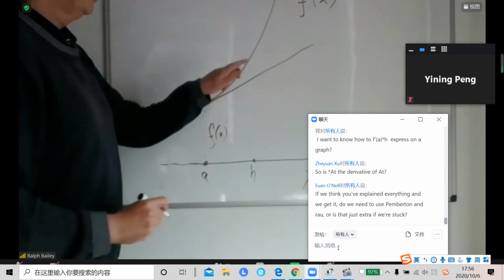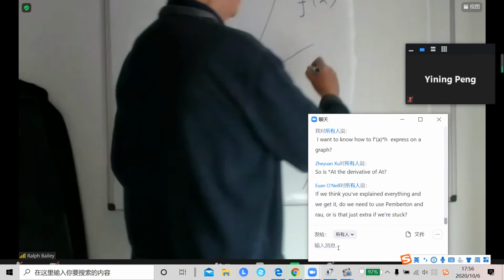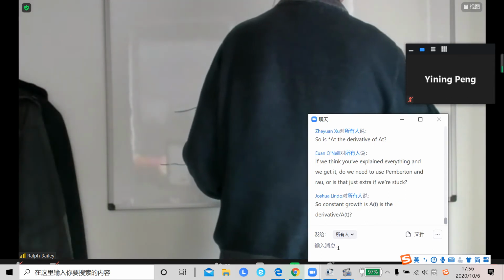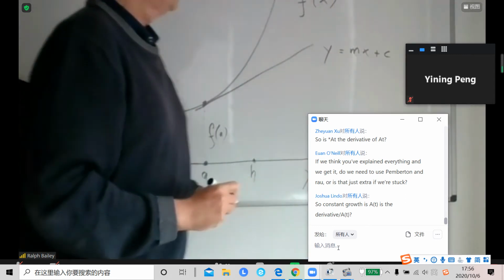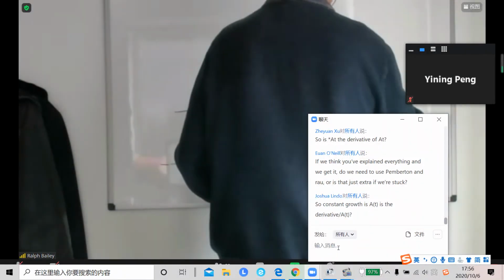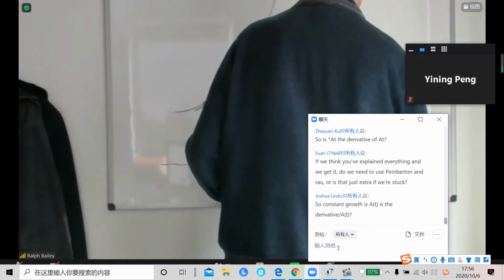Now this is a straight line, so it will have some equation y equals mx plus c. The m will be the slope, which is f prime of a.